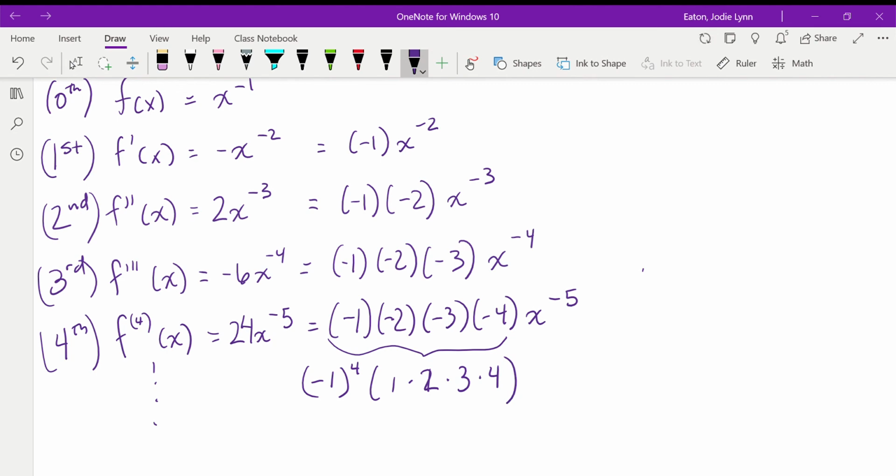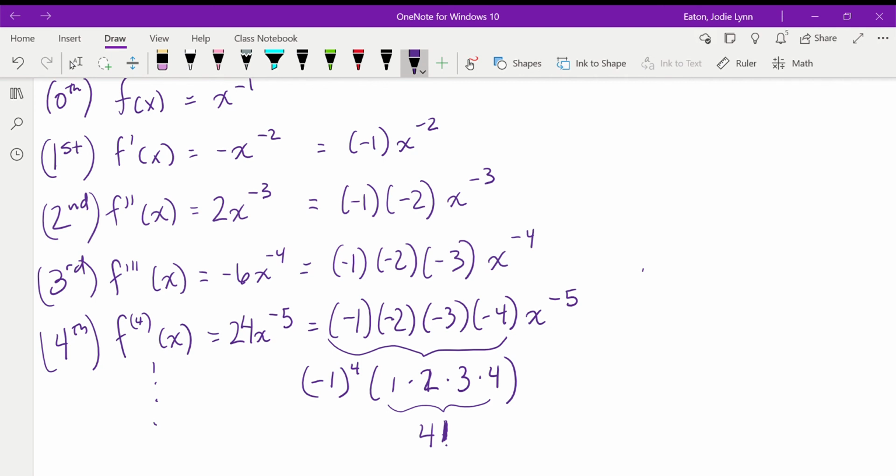When we're multiplying numbers together in order, starting with 1, we can rewrite this as 4 factorial. The exclamation mark means you take that number and multiply it to every counting number below it all the way down to 1. So 4 factorial would be 4 times 3 times 2 times 1. 8 factorial would be 8 times 7 times 6 times 5 times 4 times 3 times 2 times 1.